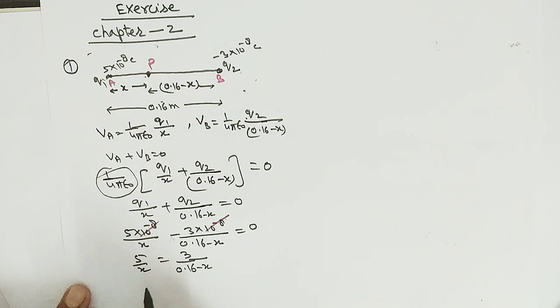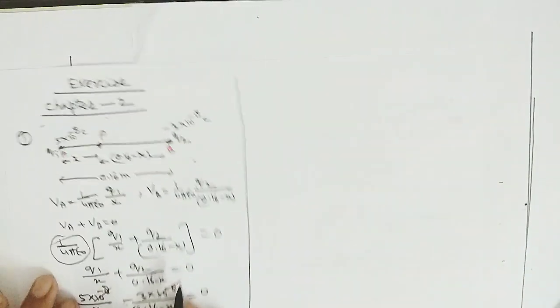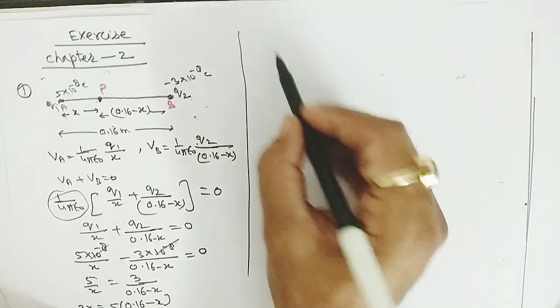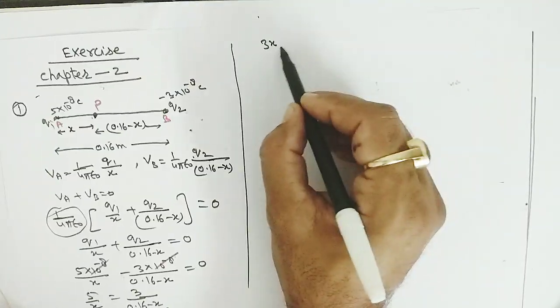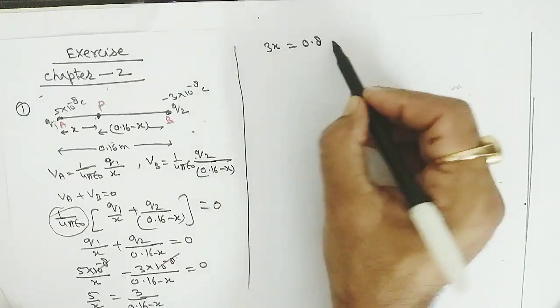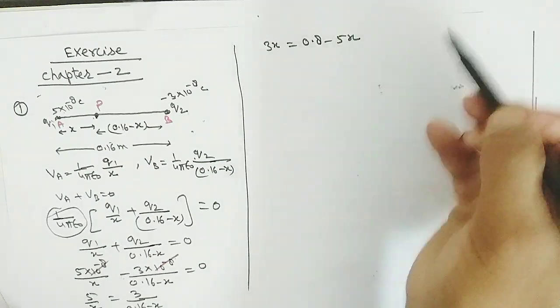In the next line, just cross multiply: 3x is equal to 5 times 0.16 minus x, or we can write 3x is equal to 0.8 minus 5x.